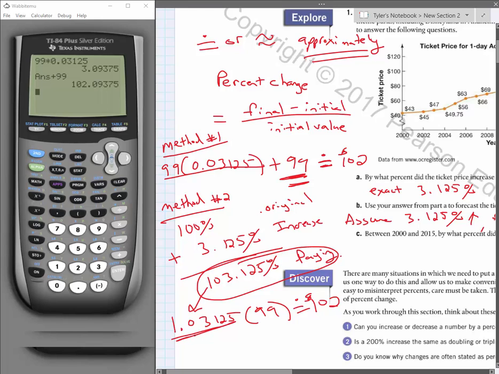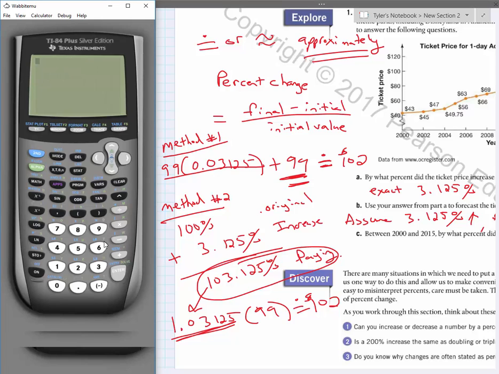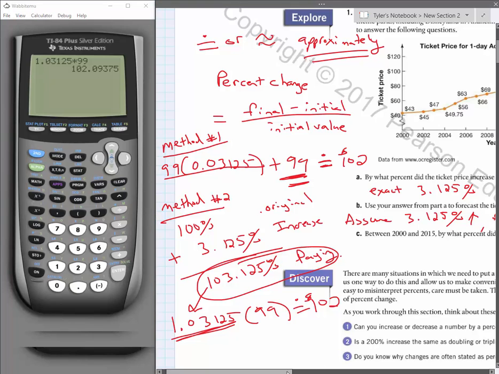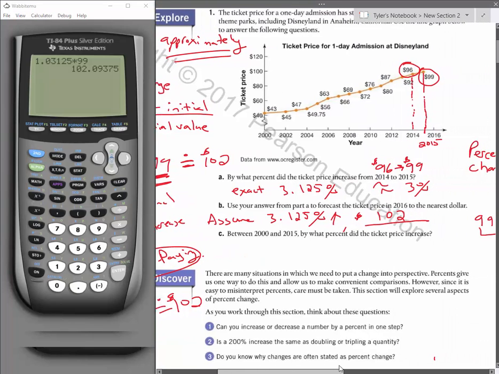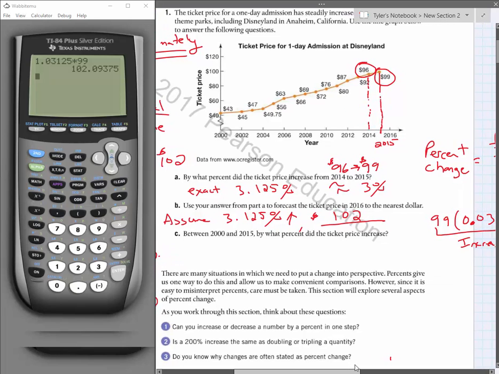So this amount corresponds with a 3.125% increase, right? So again, let me just plug this in my calculator here. So if I take 1.03125 times 99, you'll see I get the same amount as before, right? And rounding to the nearest dollar, we get $102, right? So either method is fine there, right?